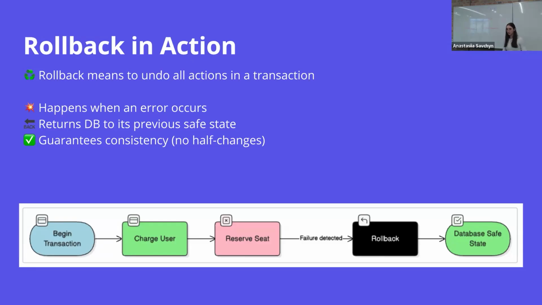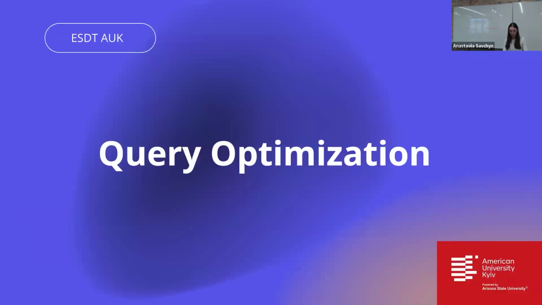So you don't have something half changed or half executed. You have everything or nothing. That is the best thing when you have dependent actions. And now, I suppose, let's go to query optimization.